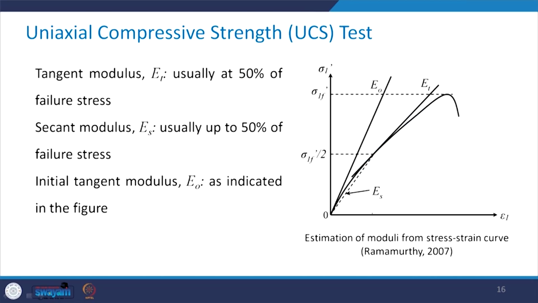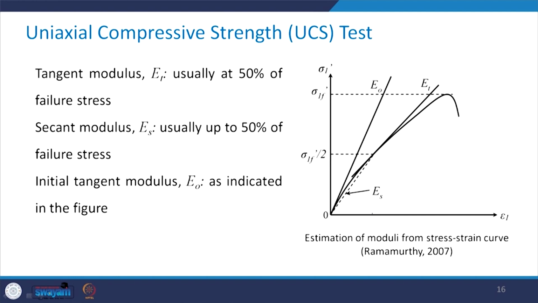Another important aspect which we get from the UCS test is the determination of the modulus. Now there are different types of modulus which have been defined, which are used in design and analysis.